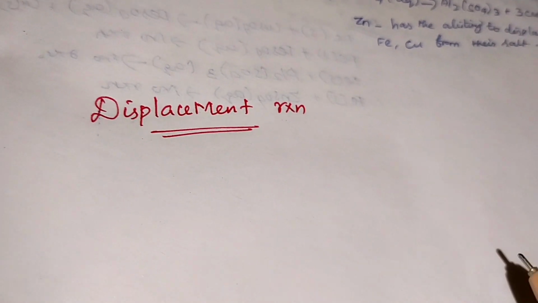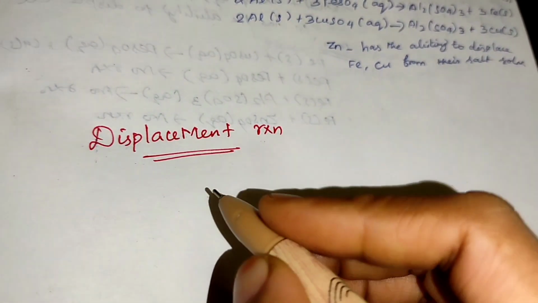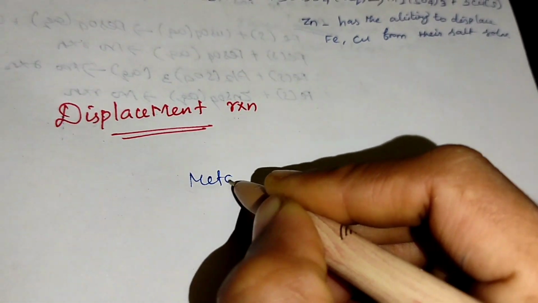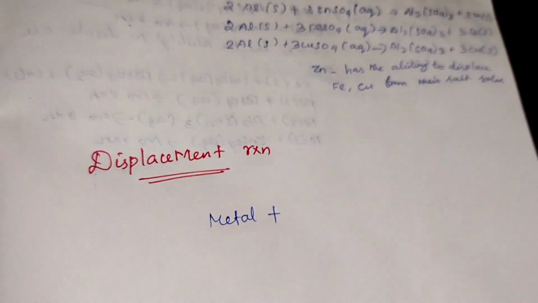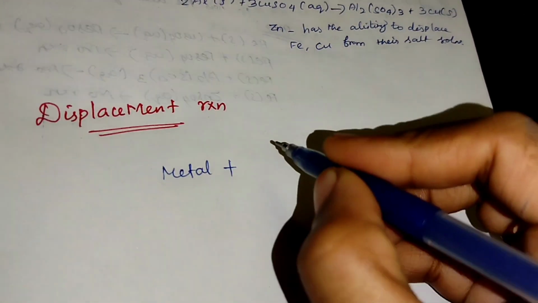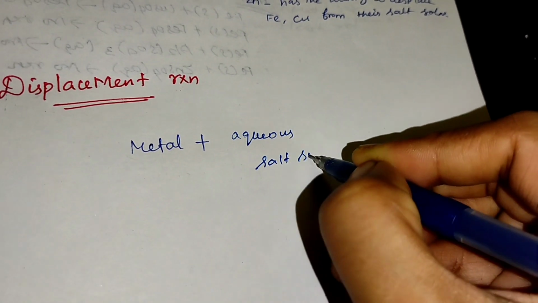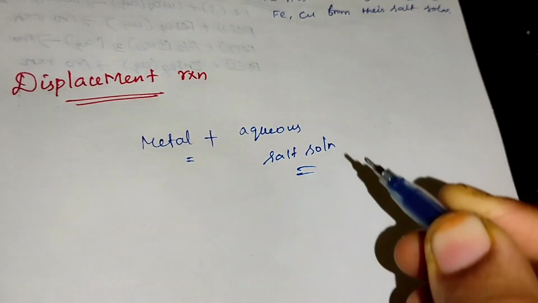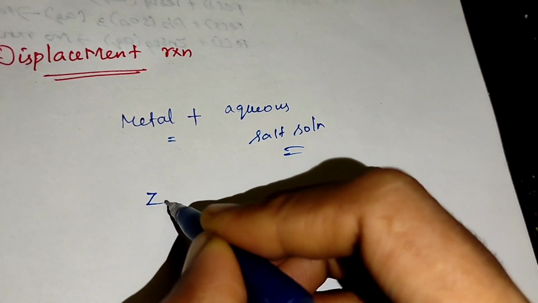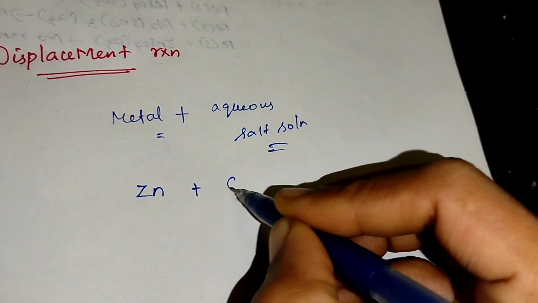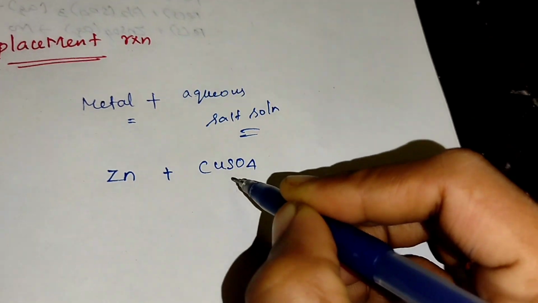Here is one example of a displacement reaction. A metal is going to react with an aqueous salt solution. Here I take zinc metal plus copper salt solution, copper sulfate solution.